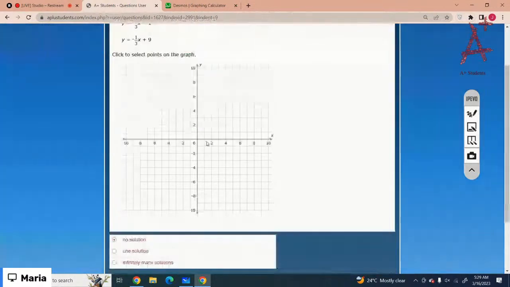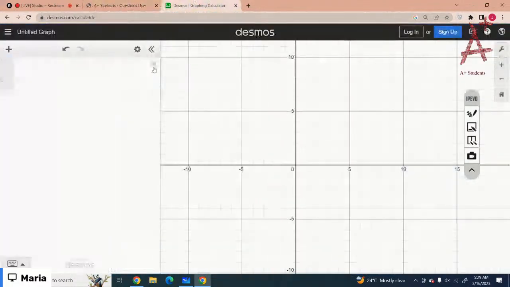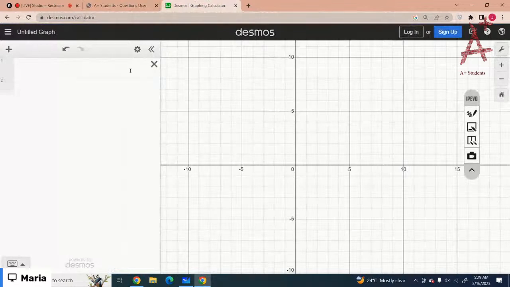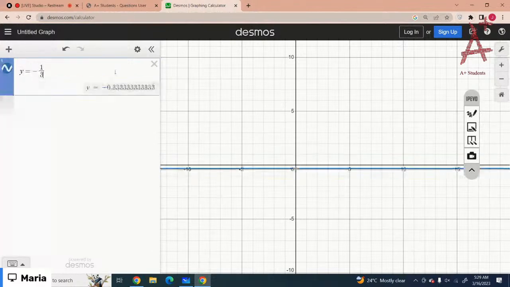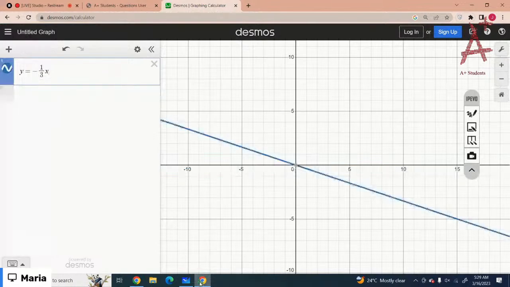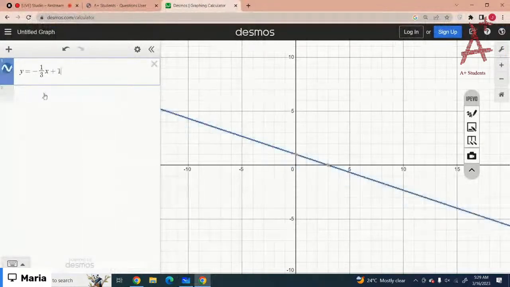We can just draw the lines and check. Y equals negative 1 over 3x plus 1, and the second equation is y equals negative 1 over 3x plus 9.